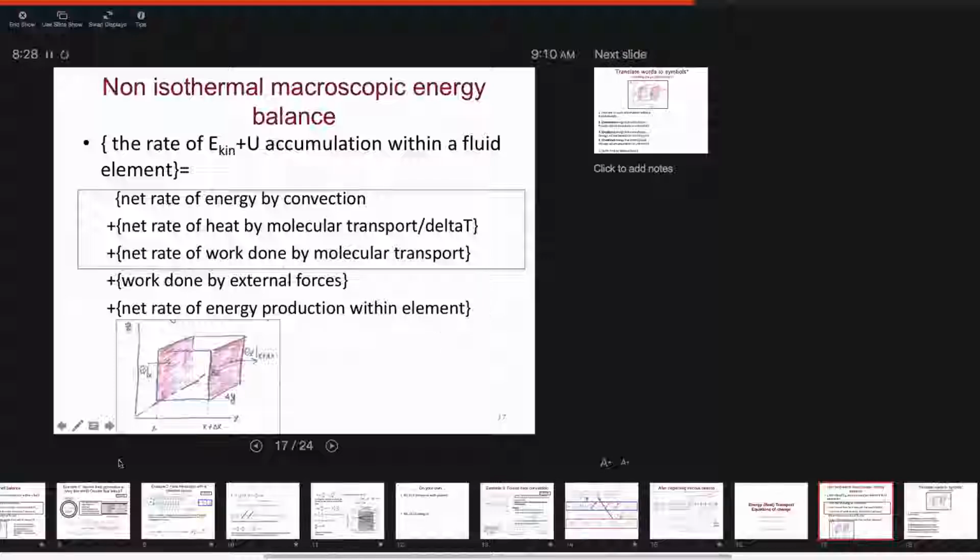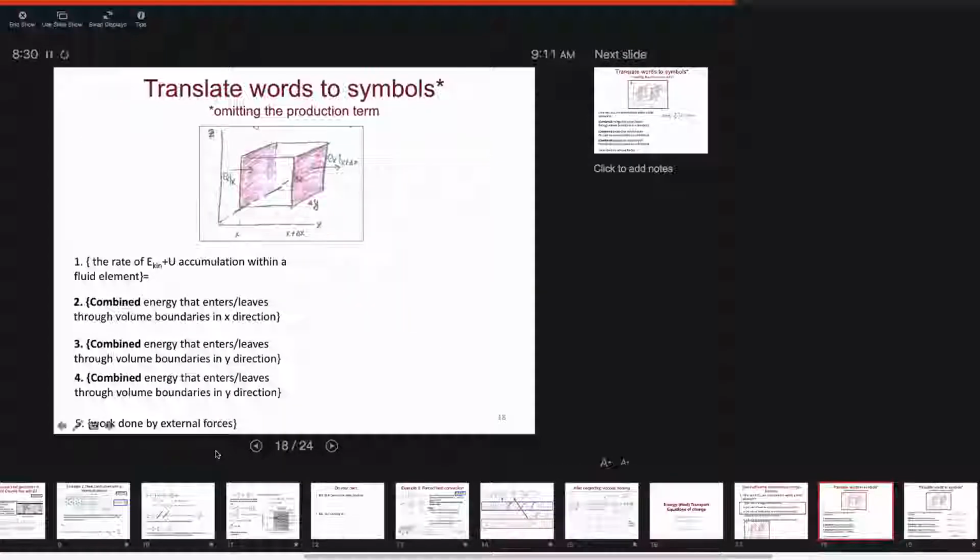So if this is my sort of a volume element, how about you actually take a piece of paper and translate these words into symbols. And we're going to omit the production term. We're just going to do without the sources right now.